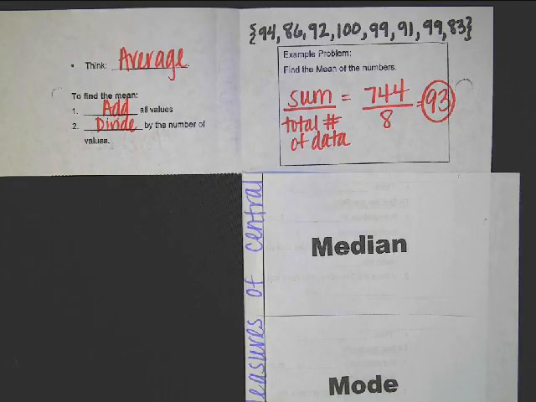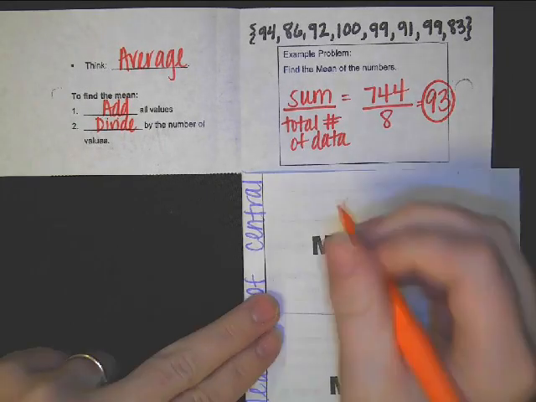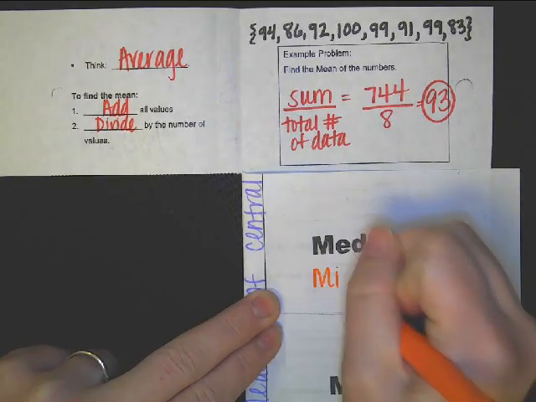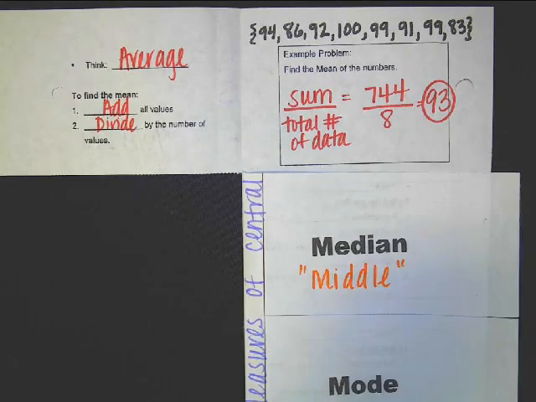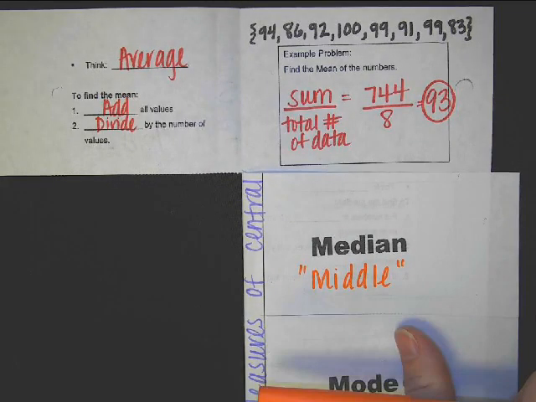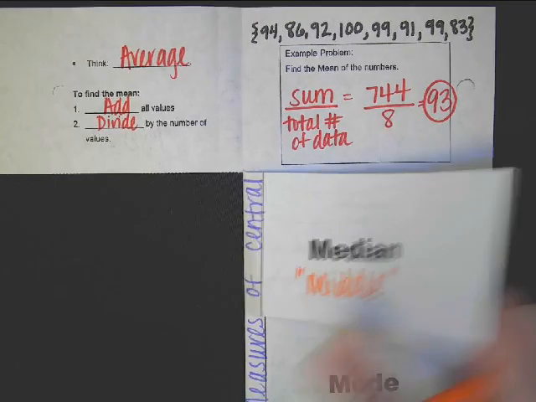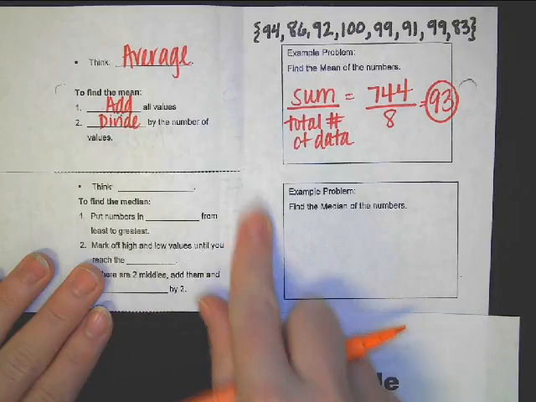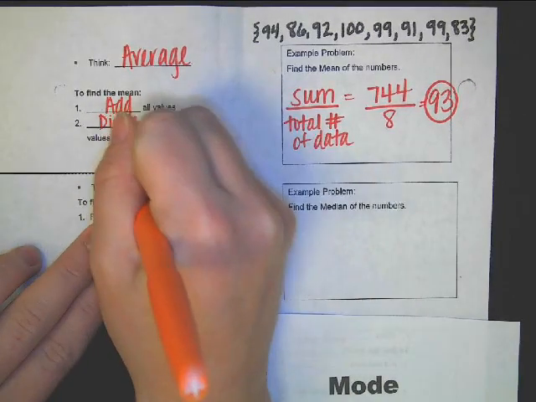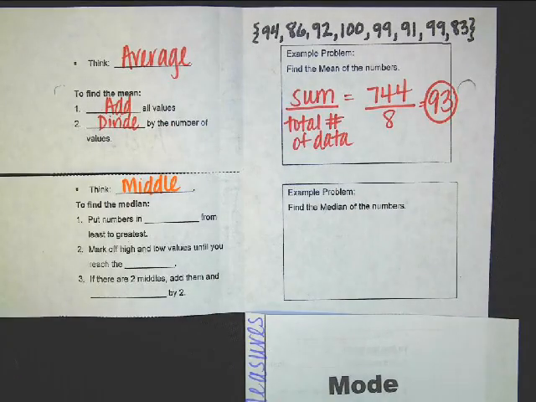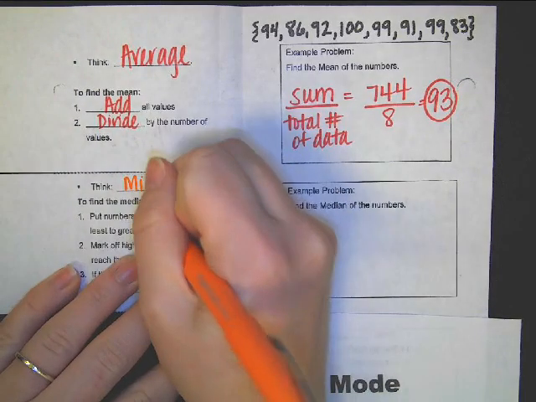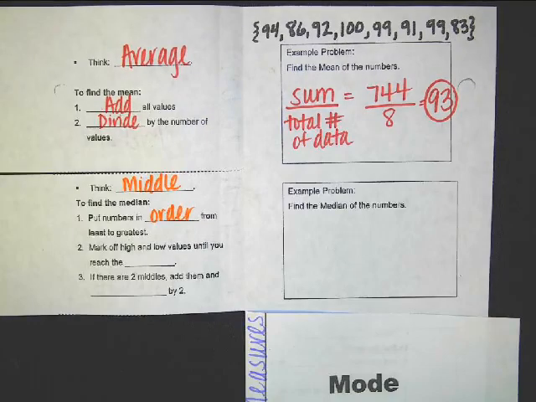The next word I want to focus on is median. Median also is another way of saying what number is in the middle. In order to figure out what number is in the middle, let's take a look on the inside for those directions. When we think of finding the middle, first I'm going to need to put the numbers in order from least to greatest.